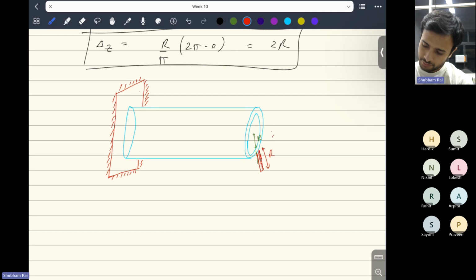So this total distance becomes 2r. Now, if you apply any force passing through this point here at the end, this is the point at 2r, the beam is going to bend, it's not going to twist.